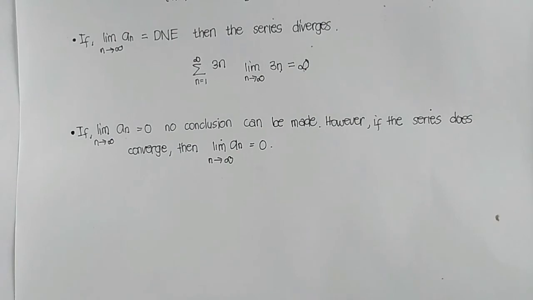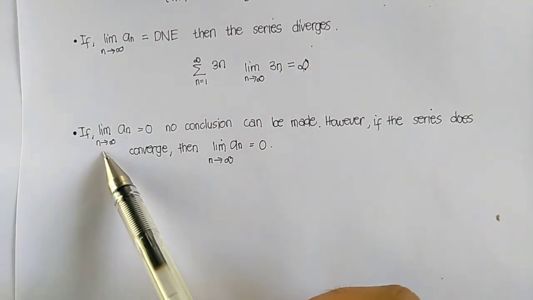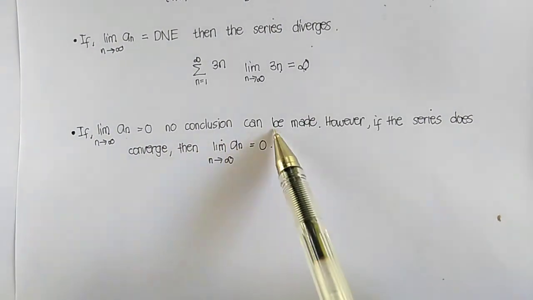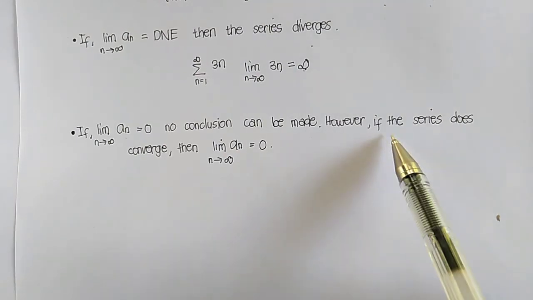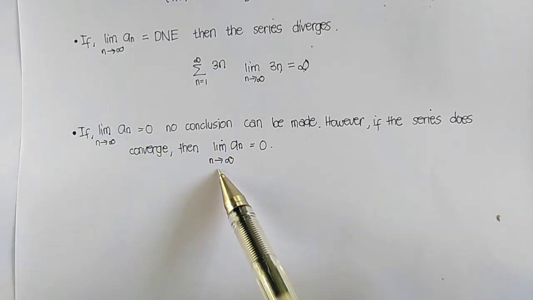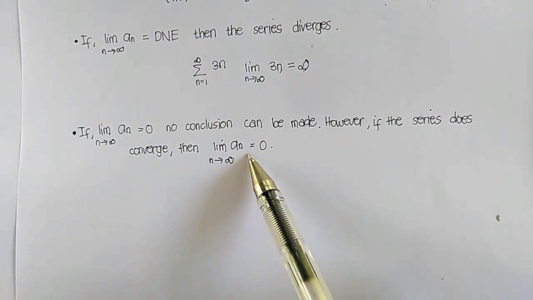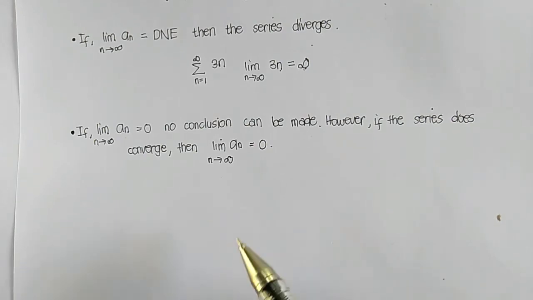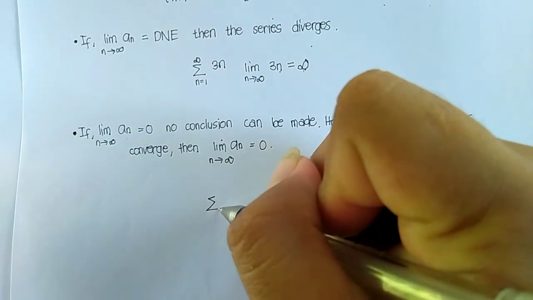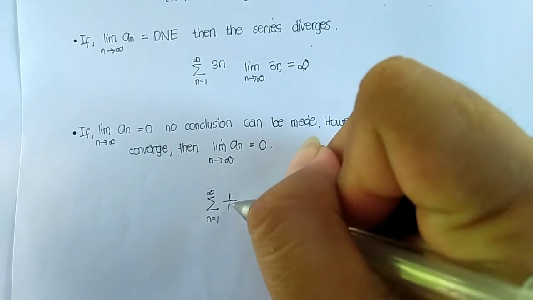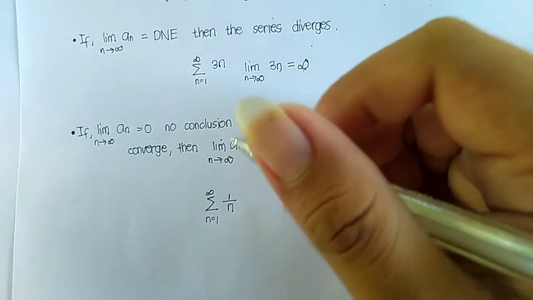And then lastly, if the limit of a sub n as n approaches infinity equals 0, no conclusion can be made. However, if the series does converge, then the limit of a sub n as n approaches infinity must be equal to 0. So it's a little confusing, but what it says is, if we take a look at the harmonic series, we take the limit of a sub n.